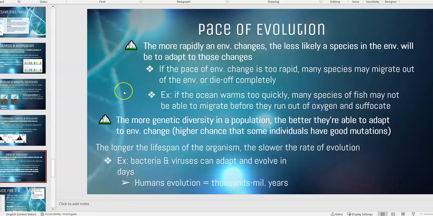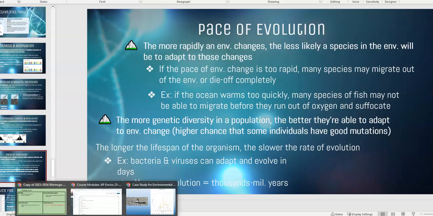The more genetic diversity a population has, however, the more they're able to adapt, because it's a higher chance that one or two or some individuals will have a mutation in their genome which allows them to adapt to their new circumstances. So our selected species, like bacteria and viruses, can adapt really well, whereas humans don't. We take a long time because of the pace of our evolution.